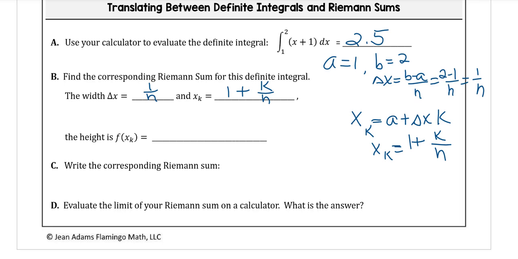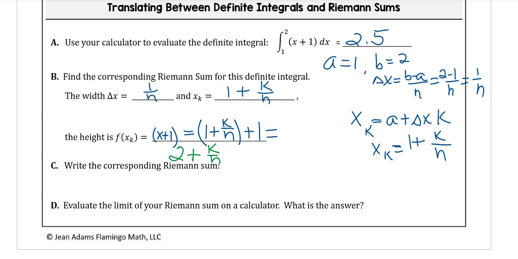The height of each rectangle then is going to be, substituting it in our expression, x plus 1. That is going to equal 1 plus k over n, and then plus 1. Let me write that in another color so you can see the final answer. We have 1 plus 1, so we get 2 plus k over n.